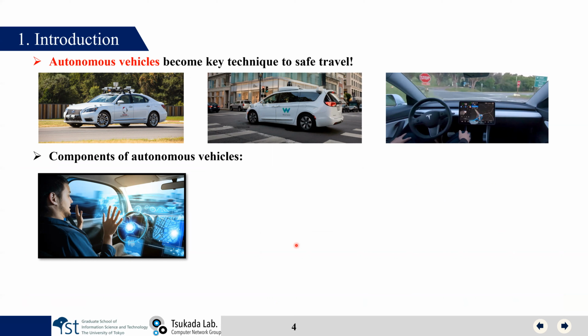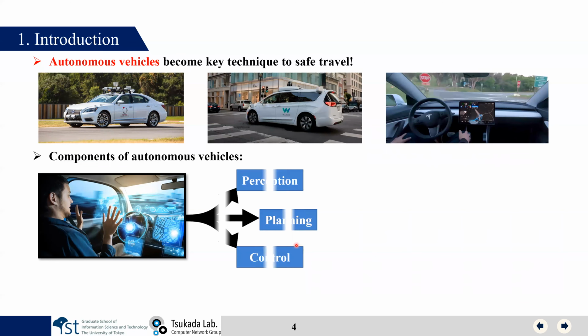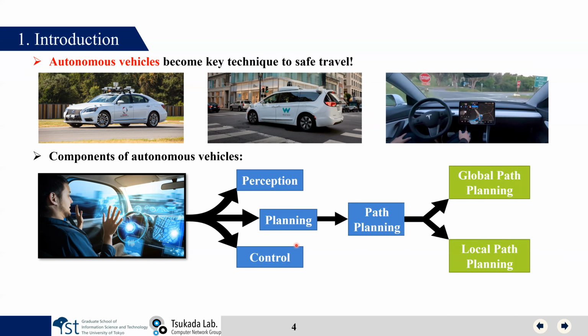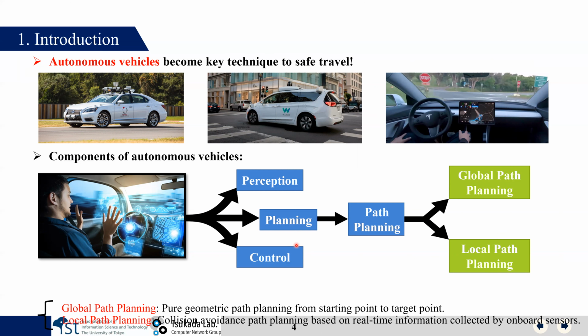I want to introduce some components or concepts of current autonomous vehicles. As we know, the whole autonomous driving system can be divided into perception, planning, and control. As my presentation focuses on the planning module, especially path planning, I'm going to introduce the concepts of global path planning and local path planning.